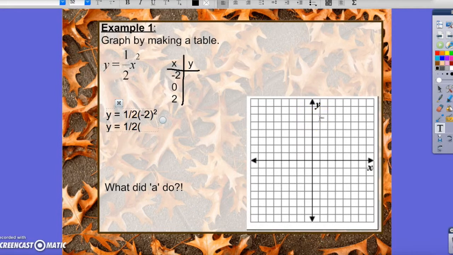Quantity -2 squared is 4. And then 1/2 times 4 is 2. So take a minute and actually solve the rest of them, and then we'll plot them. You might want to pause the video to try them out first.